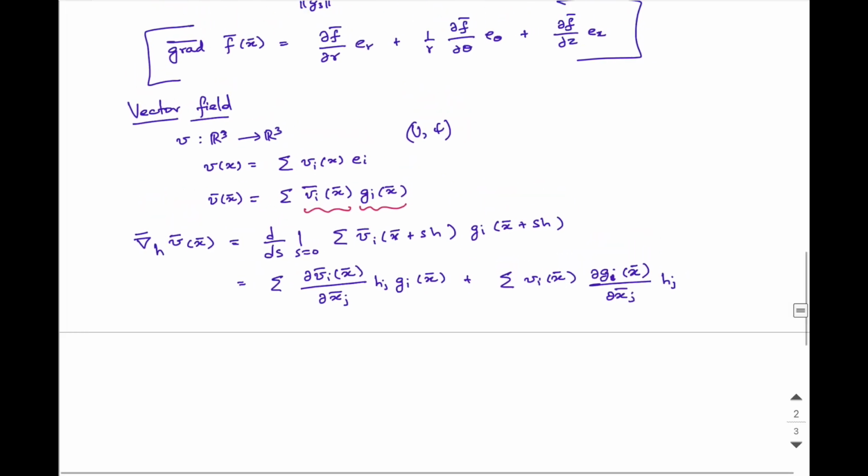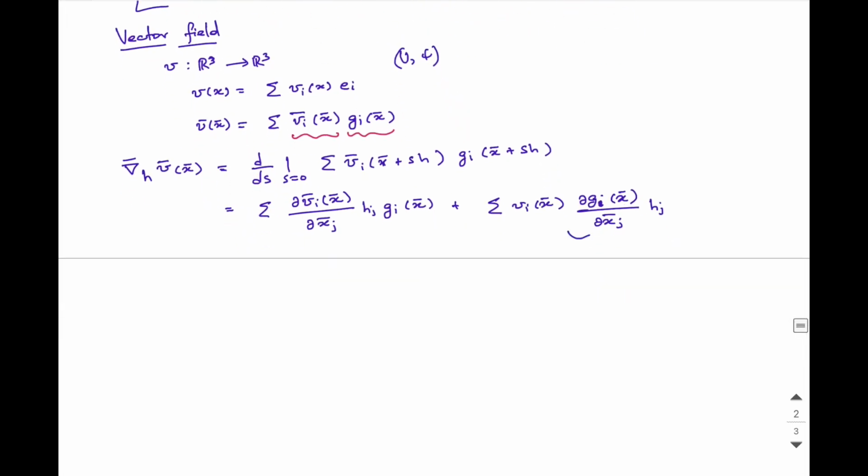Okay, but you know what this quantity is? This quantity over here is precisely what we defined earlier as a Christoffel symbol.